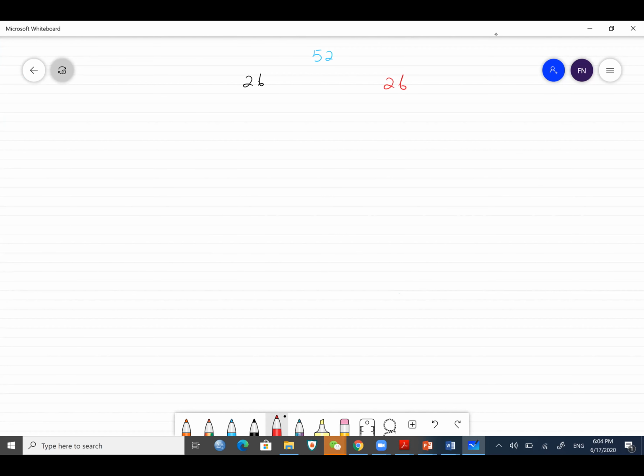These 26 have further categories. 13 have this image on them, which all of you are very familiar with. 13 have this image. Understand? Image means a sign, not an image in fact. And 13 have a sign like this.